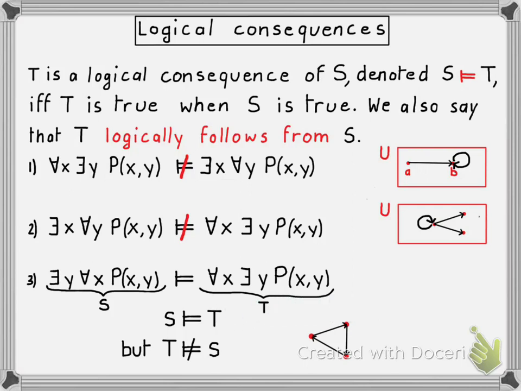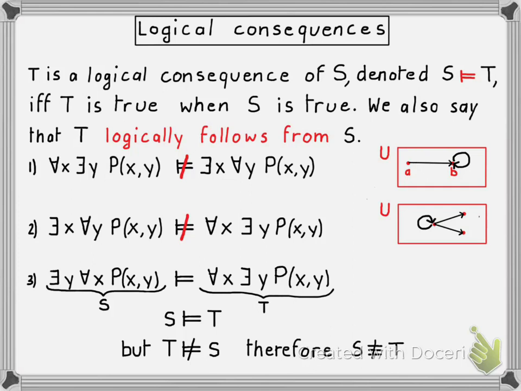But is S true or false in this case? Well, we can see on the diagram that there are no elements here with arrows going into it from every element in the universe. Therefore, S is false, but T was true, so S is not a logical consequence of T. And what that means in particular is that S and T are not logically equivalent.